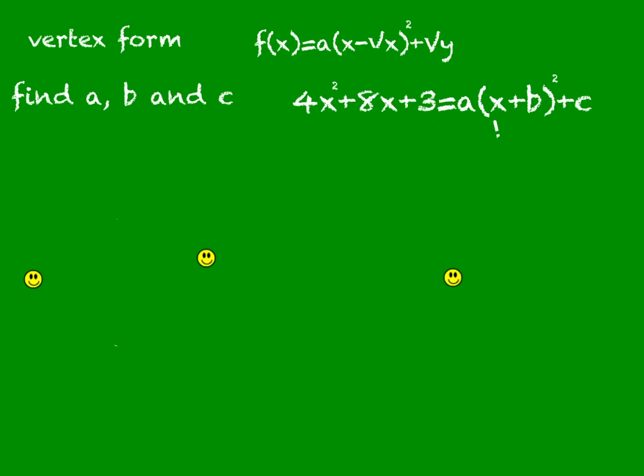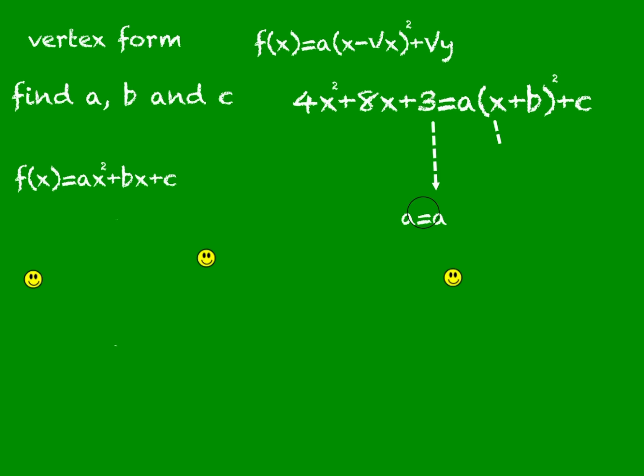Find a, b, c. I want to clarify something very important. f of x equals ax squared plus bx plus c is the general form. This b and c are different from our b and c. Okay, it is very important.